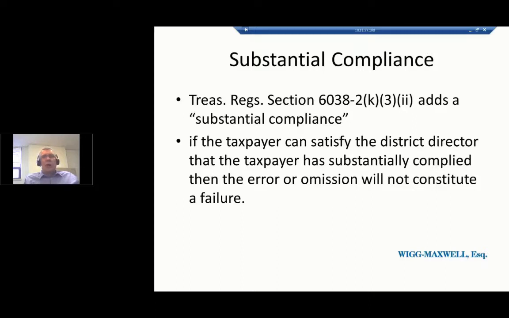Whatever you want to argue as substantial compliance, if the return substantially complies with the requirement and shows most all of the information, there will be no $10,000 penalty for failure to file.